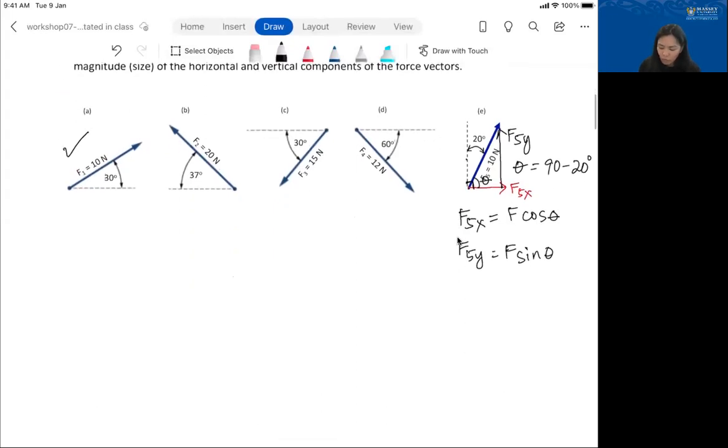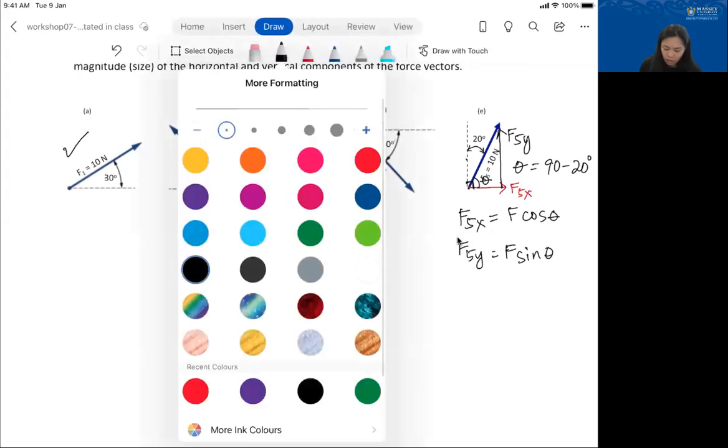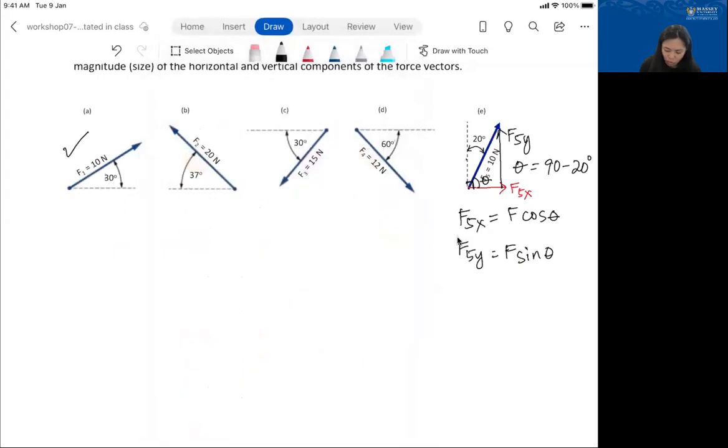So you can do now the usual. For question E, F5x will be the diagonal, which is 10 newtons times cosine 70. Your angle now will be 70 degrees instead of 20 degrees, giving you an x component of about 3.4 newtons.